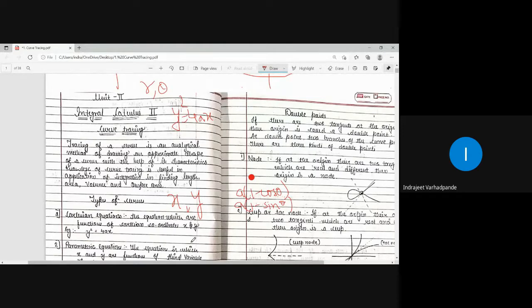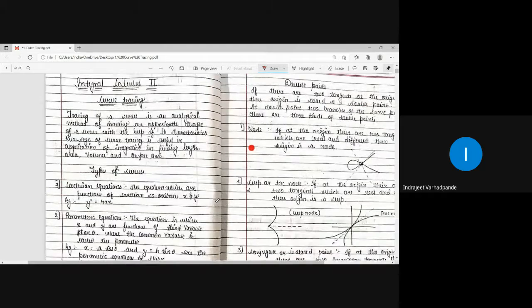So in general we will be provided with such kind of equations, and therefore the heading of our topic is curve tracing. What was the necessity and what actually curve tracing is, we see in short, and then try to discuss different types of curves and various terminologies associated with it, so that it will be very easy for us to discuss the other points for the simplification of any given problem.